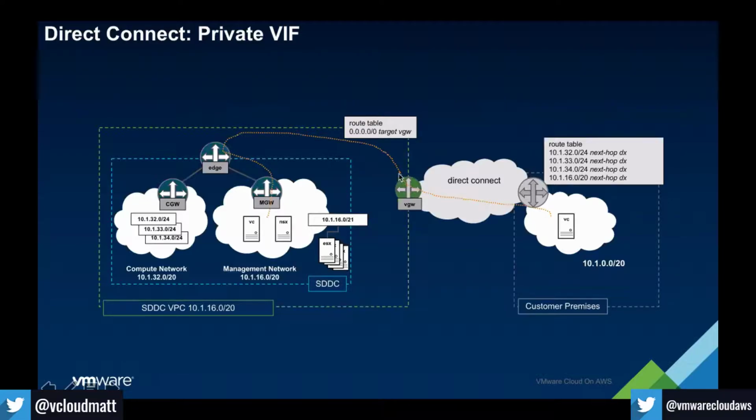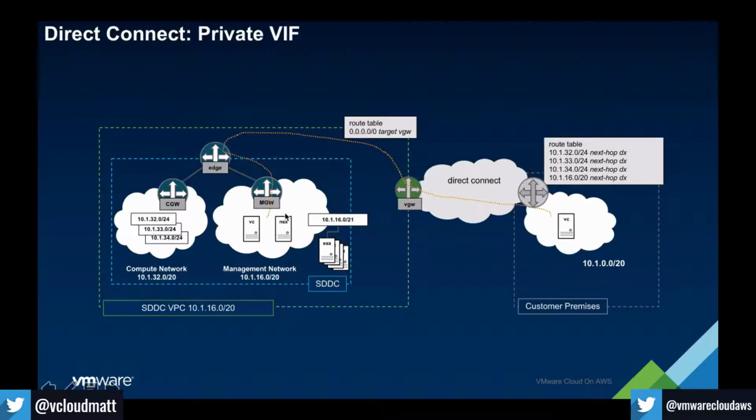So your forwarding path is always going to be through this edge, through this MGW. Now, when we're dealing with just IPsec VPN, as per the previous example, your forwarding path is again always through the edge, always through the MGW. And so if you're using IPsec VPN, you're coming in. If you want to hit vCenter, you're going to come this path. If you want to hit ESX, you're going to come back through the MGW and hit ESX.